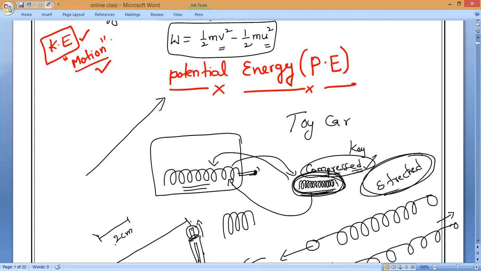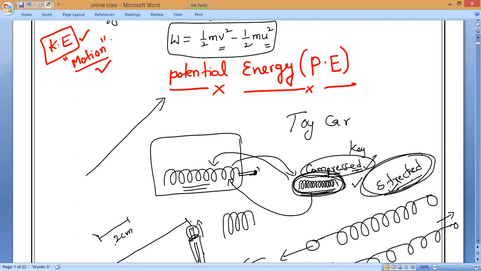Stretched means you can see a different shape, the size increases. In both cases, work is done to change the shape of the spring.